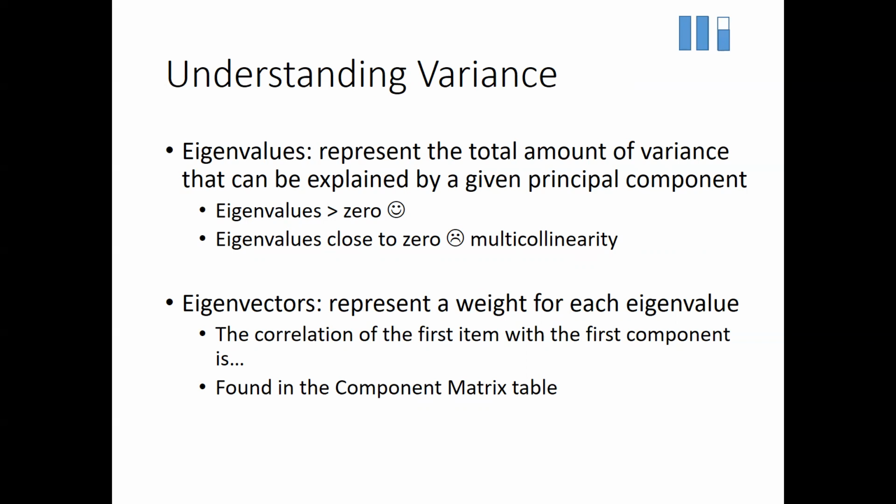We don't necessarily need to be able to explain this in our write-up for individual items. You might, especially if they're pretty highly correlated or highly representative. But what we really need to know is how to read it to make a determination of which items are factoring together that represent the construct that we're trying to measure.